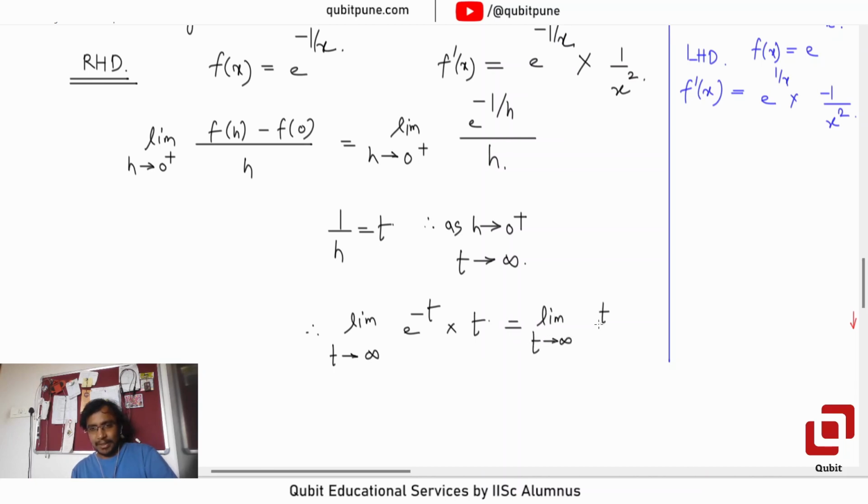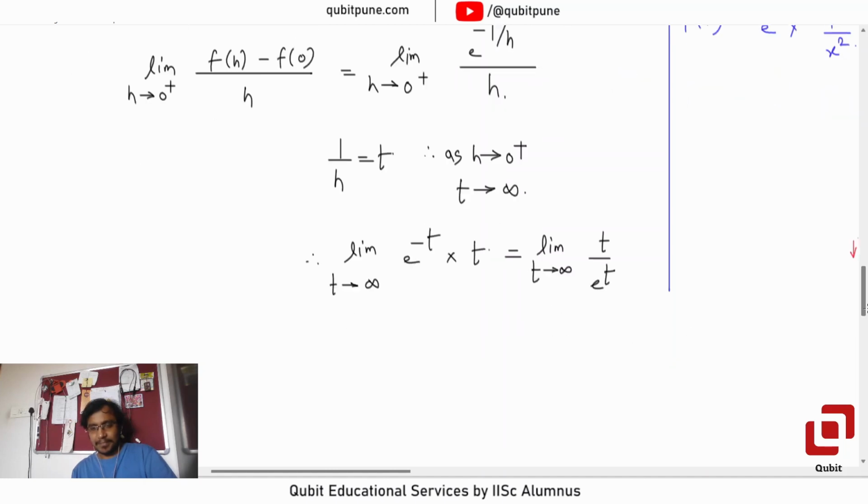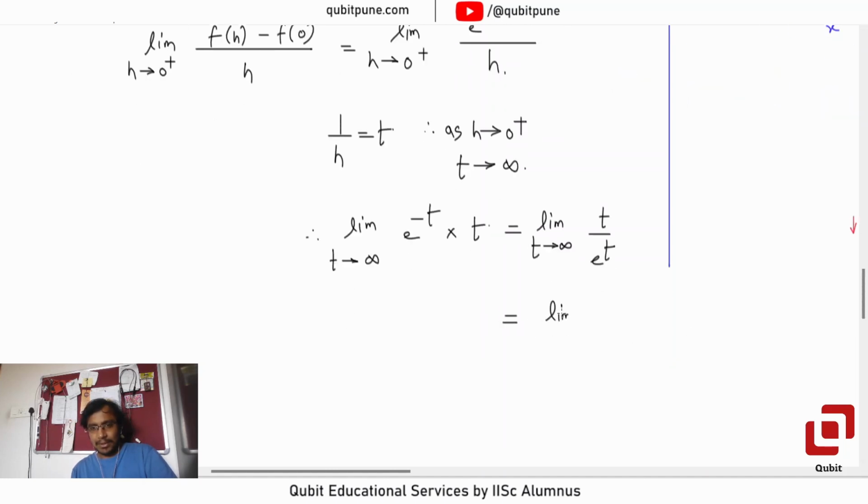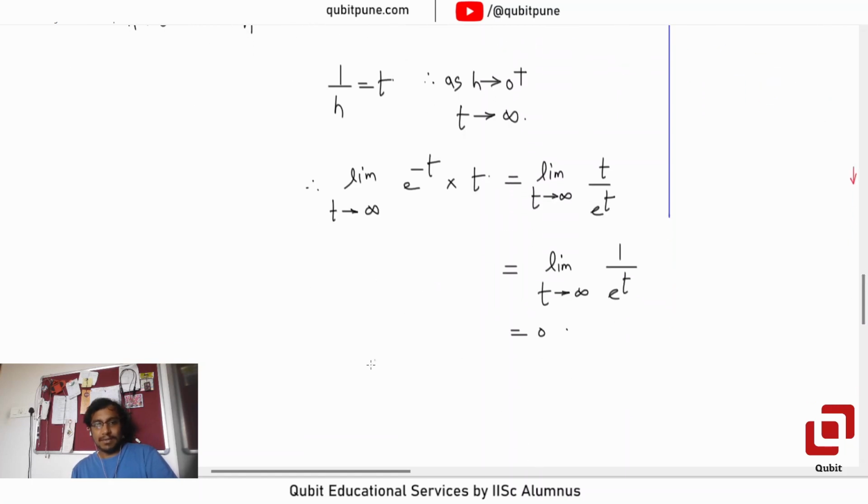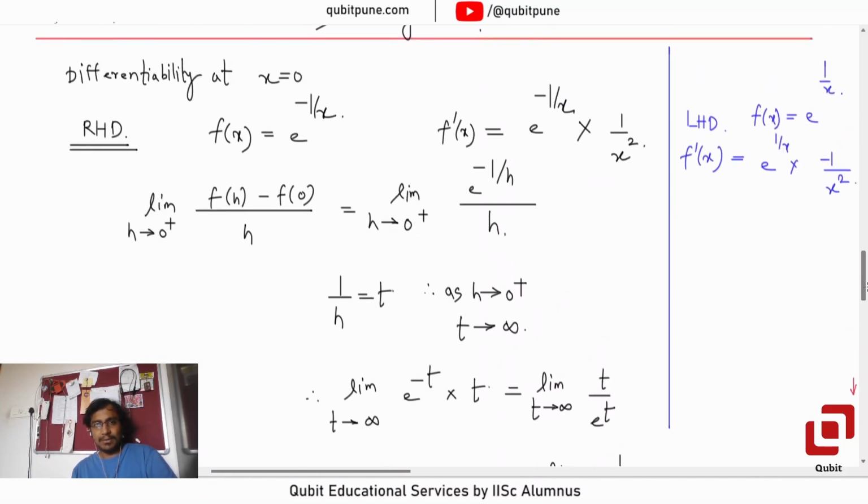Now I can apply L'Hospital here. It will be 1 upon e raised to t, and that will be 0. So the right hand derivative is 0.